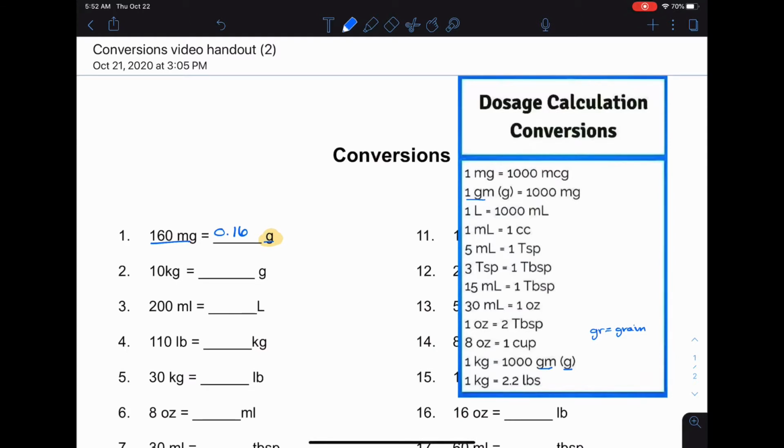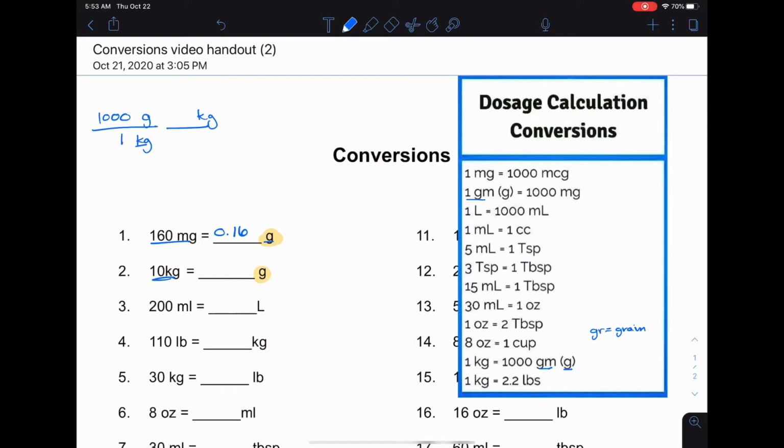All right, so I'm trying to get to grams. So I'm going to start with that. Grams on top. And then we see that 1,000 grams is equal to 1 kilogram. Okay, and then I want to get rid of kilograms, so I'm going to put that up top.